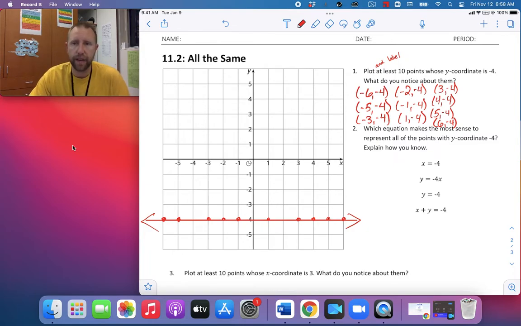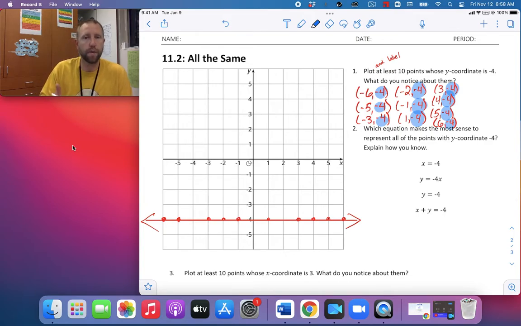One thing I notice about the ordered pairs is that, no matter what the x value is, I'm highlighting this, my y value was a -4. Which makes sense. I mean, it said that the y coordinate was going to have to be -4, but it's really obvious that these -4 y values form this particular horizontal line when I put the two together, okay?